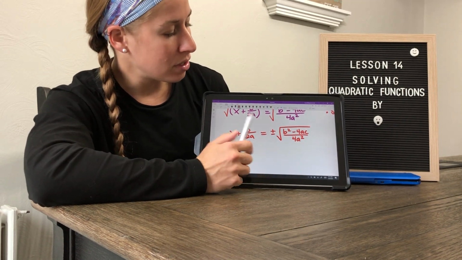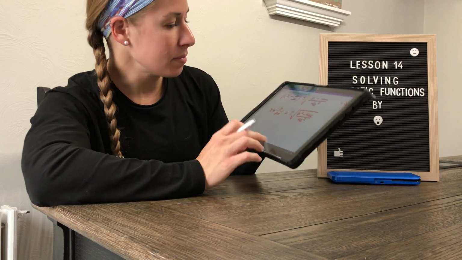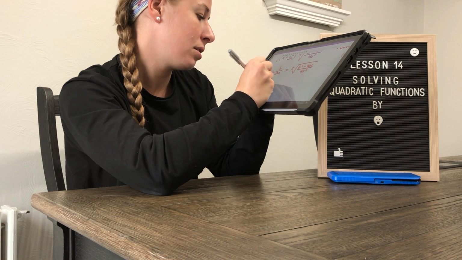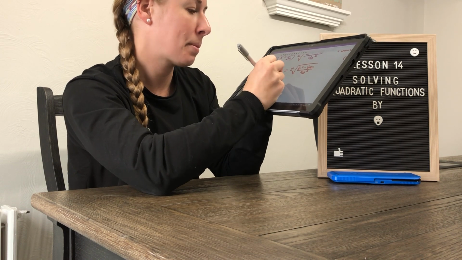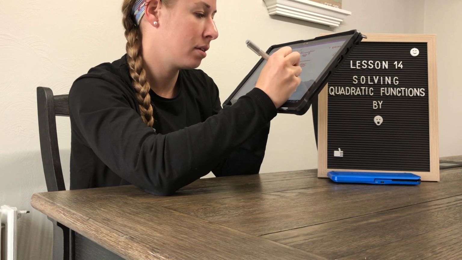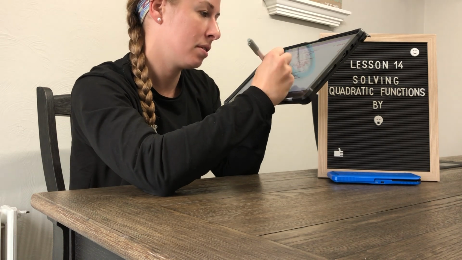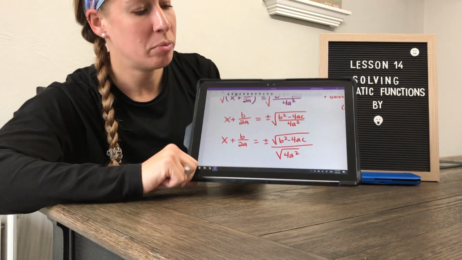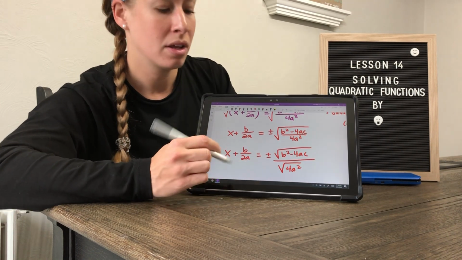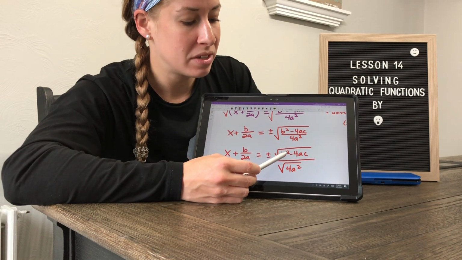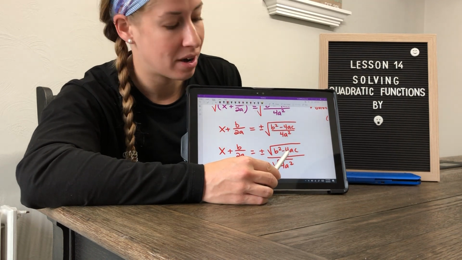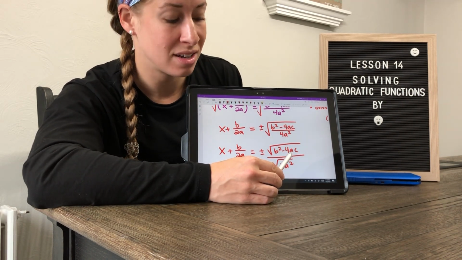Okay, so if we look at that, you can split it up, and you get, if you put them both under their own radical, the square root of b squared minus 4ac over the square root of 4a squared. If you look at this, yes, b is squared, but in the next term, 4 is a perfect square, but a, we don't know what a is, and it's not squared.